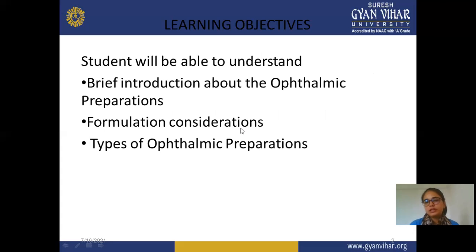You should also know about the formulation considerations, meaning which excipients you use and how much quantity is required in these ophthalmic preparations, and which conditions you maintain for eye preparations. In the previous PPT we saw parenteral preparations, where we already saw specific pH conditions as well as more precaution and handling care during manufacturing.